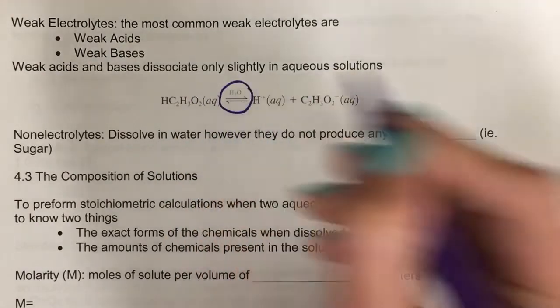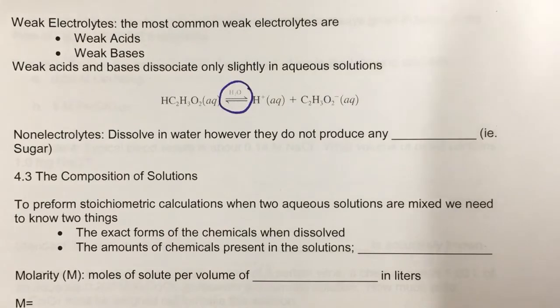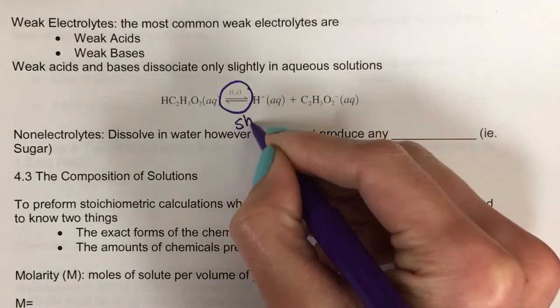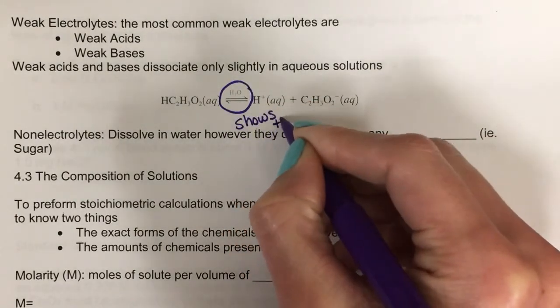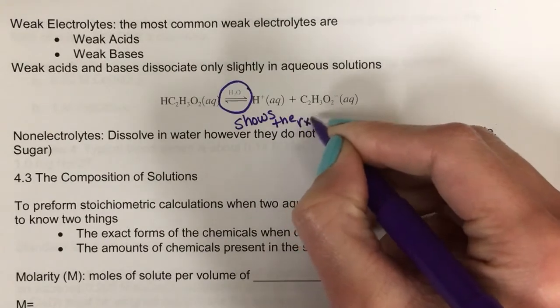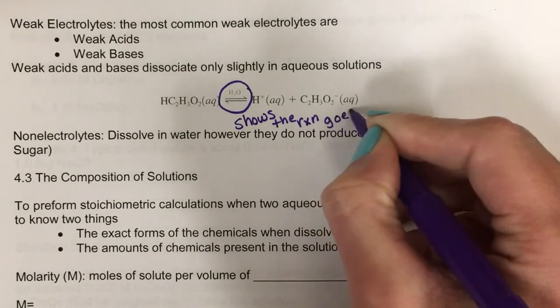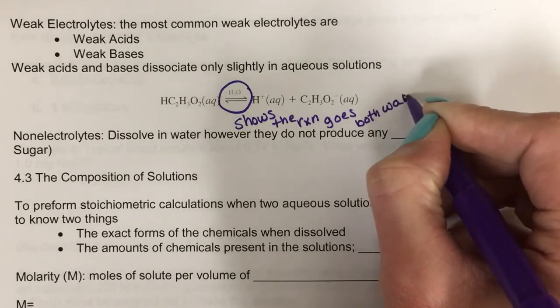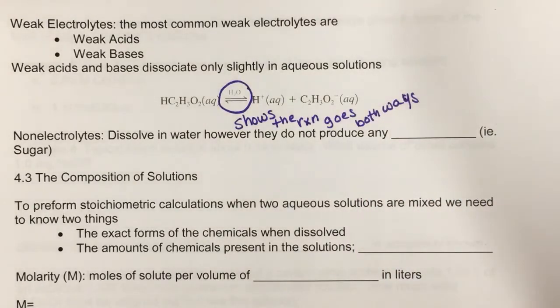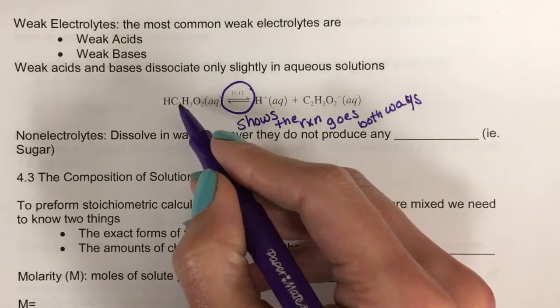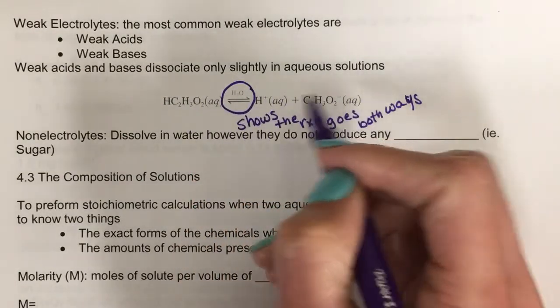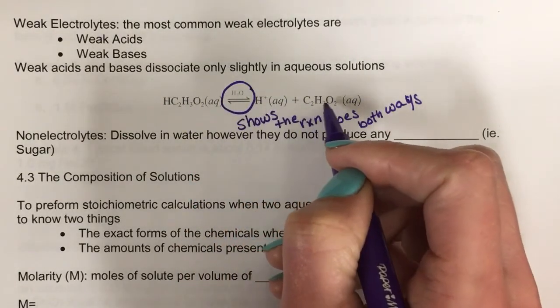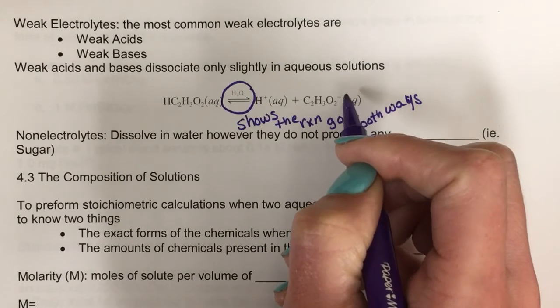Here I've got acetic acid, which is a weak acid, and instead of seeing a regular arrow, I see a two-sided arrow. This two-sided arrow shows the reaction goes both ways. What that tells me is that this doesn't completely break up into H plus and C2H3O2 minus.